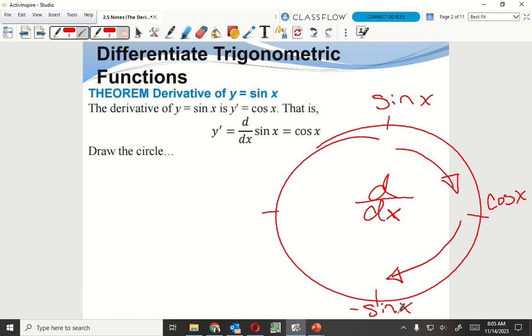Derivative of cosine x is negative sine x. Derivative of negative sine x is? Yep. And then the derivative of negative cosine x is? Sine x.